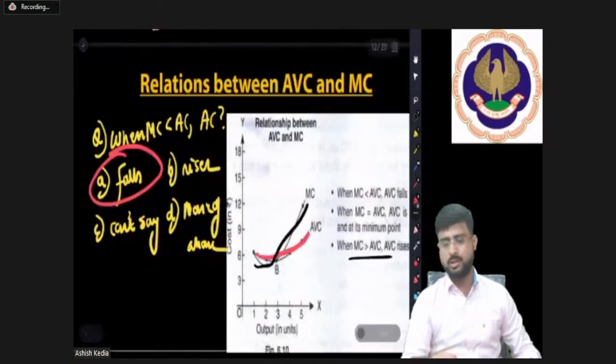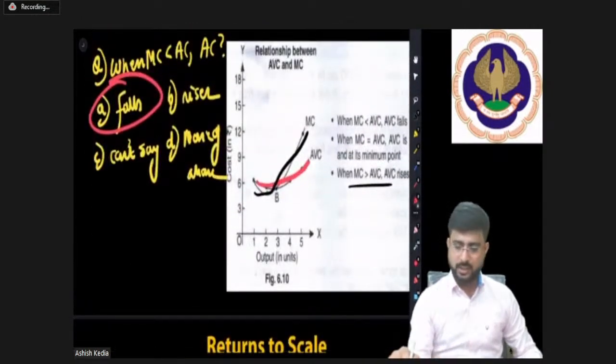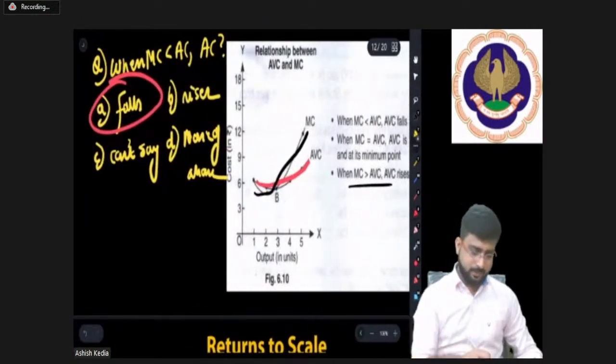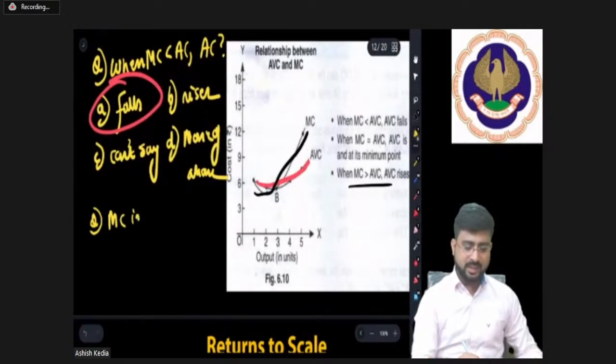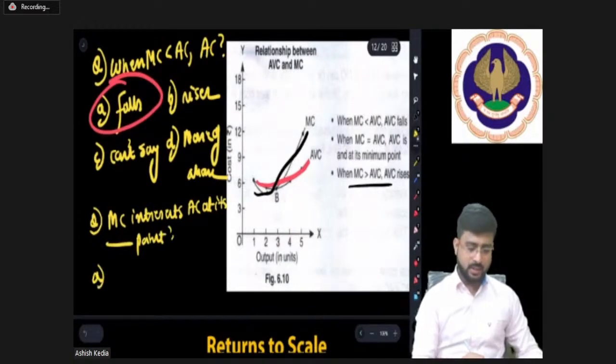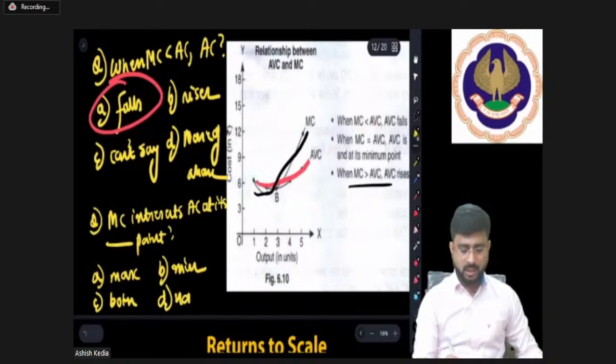Very good. Moving on to the next question. Pay attention. MC intersects AC at its dash: A, maximum point; B, minimum point; C, both; D, none.